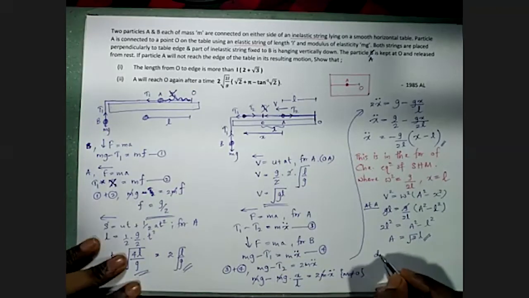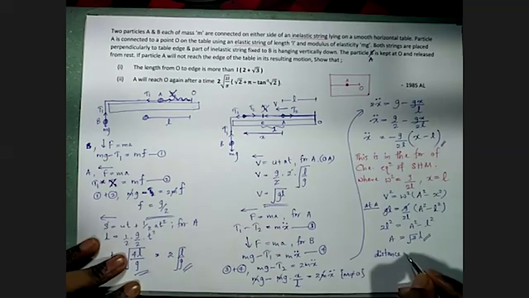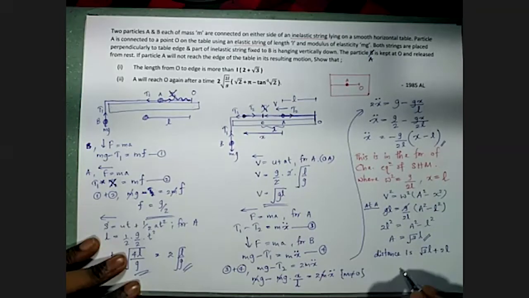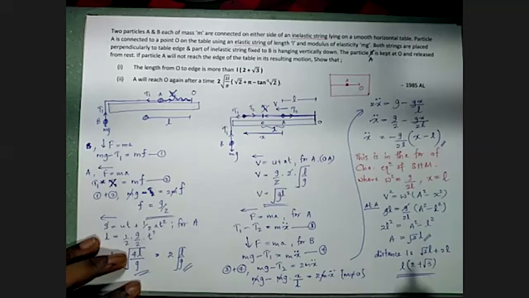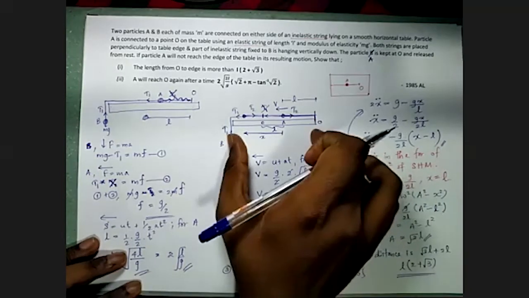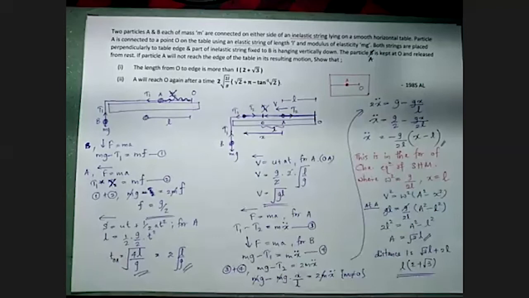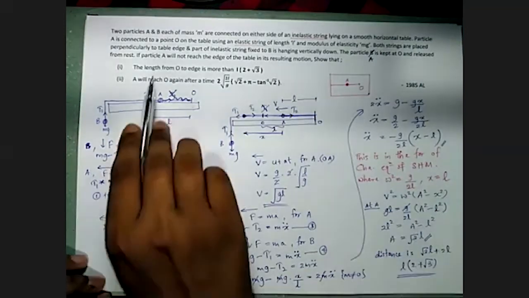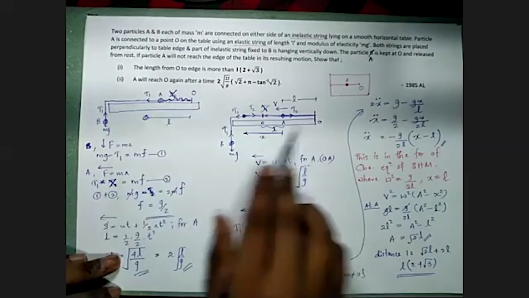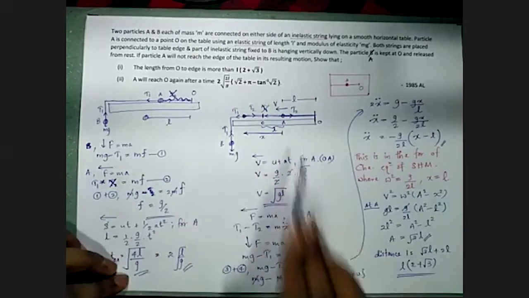Distance traveled by the particle is root 3L plus 2L. Then take L out, you have 2 plus root 3. So this distance must be less than the length of the table. In other words, the length from O to the edge of the table must be more than this traveling distance.